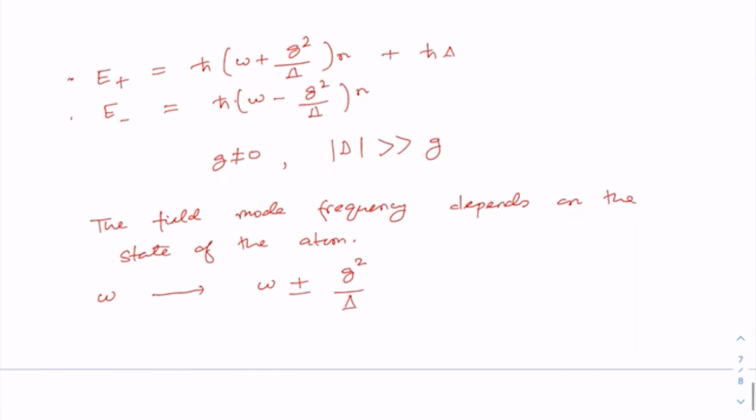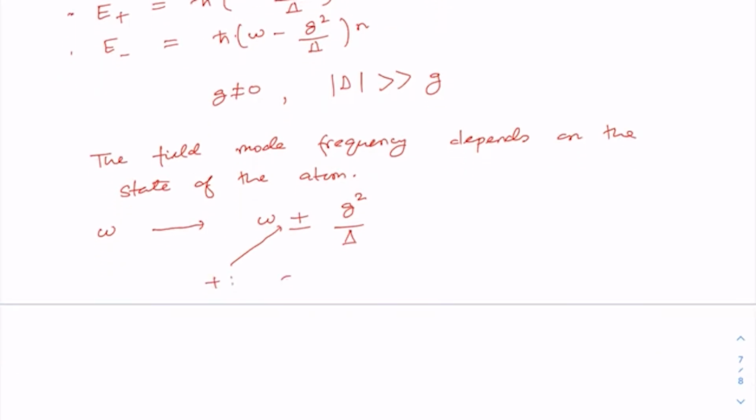Here the plus sign refers to the atom in the excited state. What it means is that if you make a spectroscopic measurement and measure the field frequency, and you find it to be larger than the original field frequency omega, then you will automatically know that the atom is in the excited state.